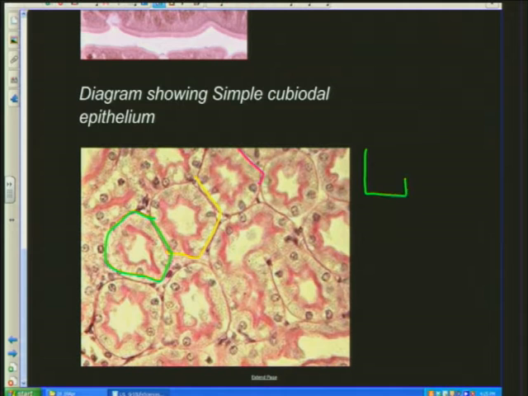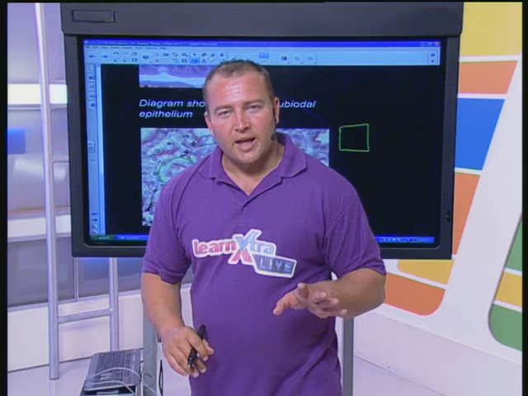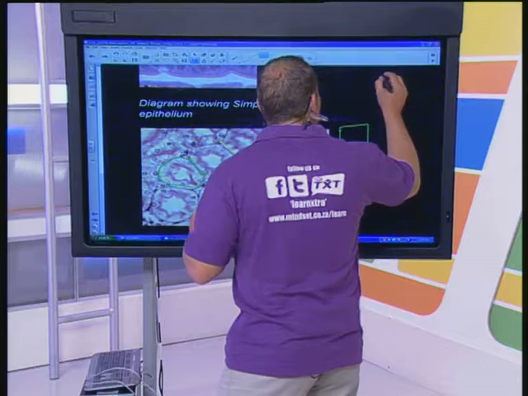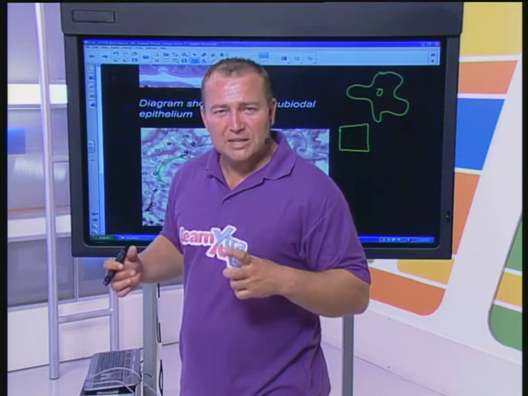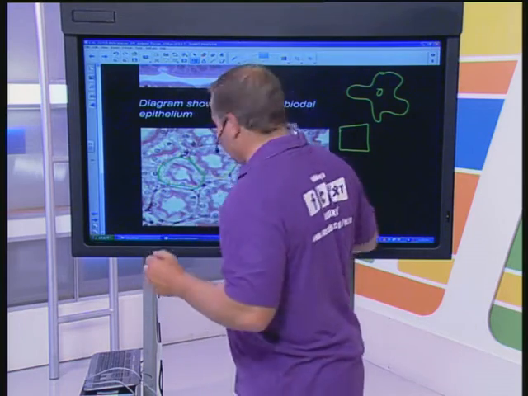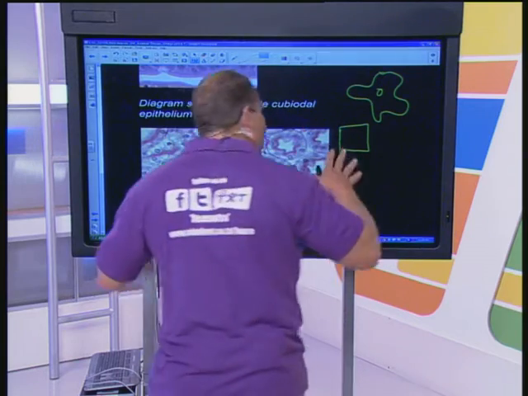Nice and simple. If it was squamous, it would look something like this. That's what a squamous cell would look like, squashed everywhere, like a puzzle piece. Building blocks, those square ones, is cuboidal. And then you get columnar, which is those long ones. As long as we all understand each other.